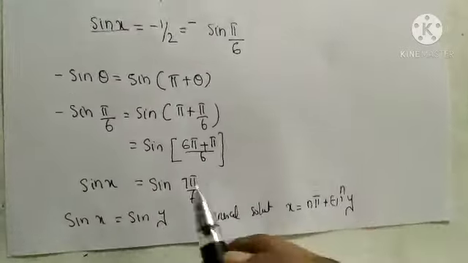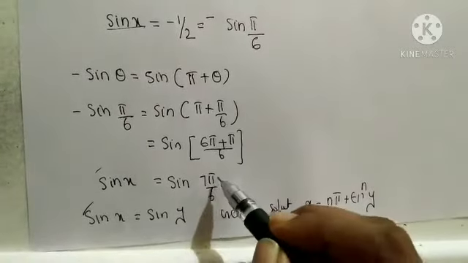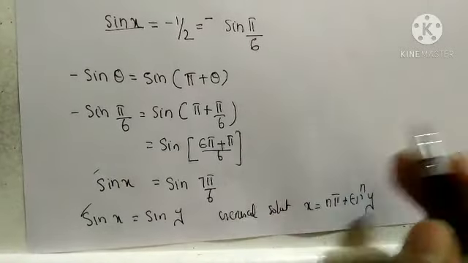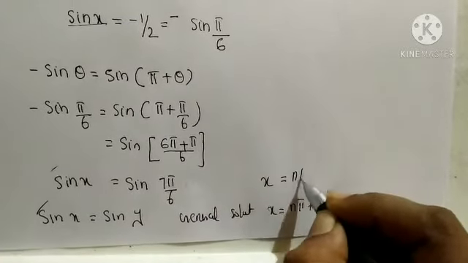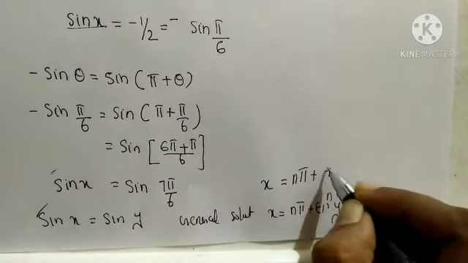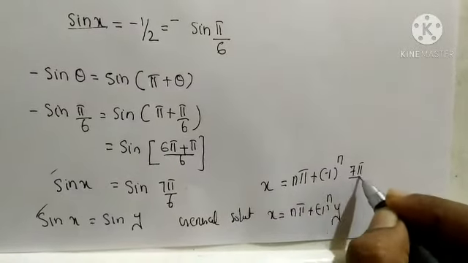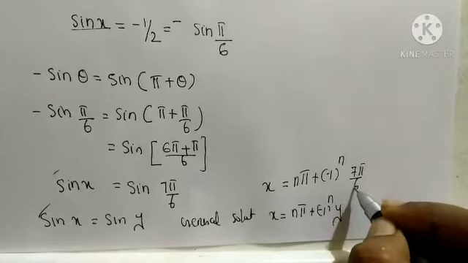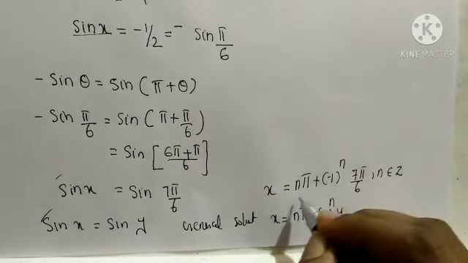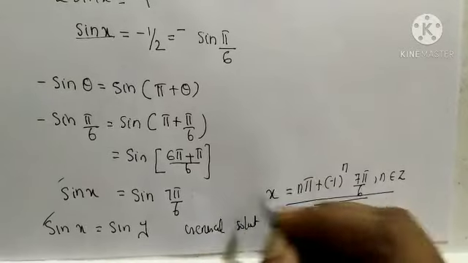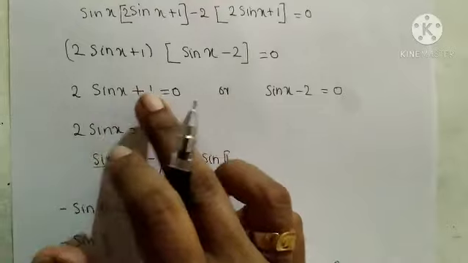Comparing these two terms, y is equal to 7 pi by 6. So the general solution is x equals n pi plus minus 1 all raised to n 7 pi by 6, where n is an element of integer. Okay, so this is our general solution of 2 sin x plus 1.